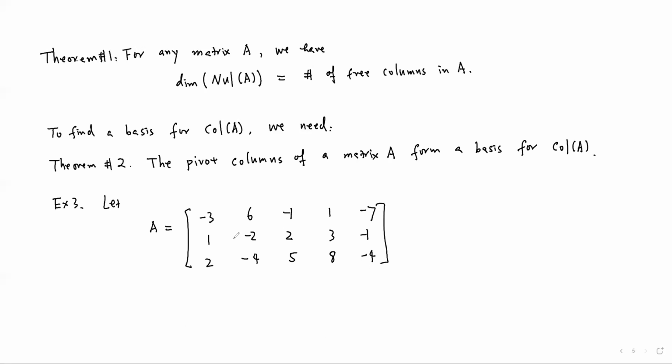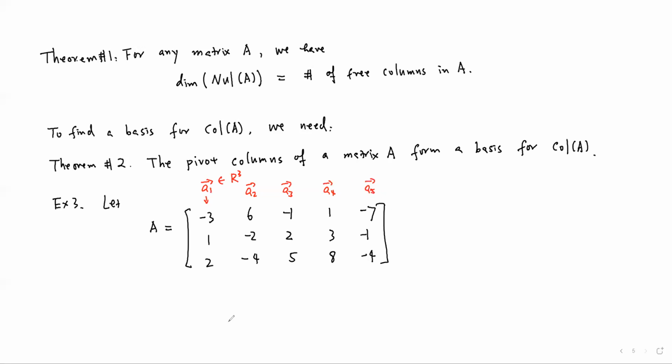And let me denote the columns. The first column, let me use this notation, A1. It is a vector of 3 entries, so this vector is in R3. Second column, I use A2, A3, A4, and A5.